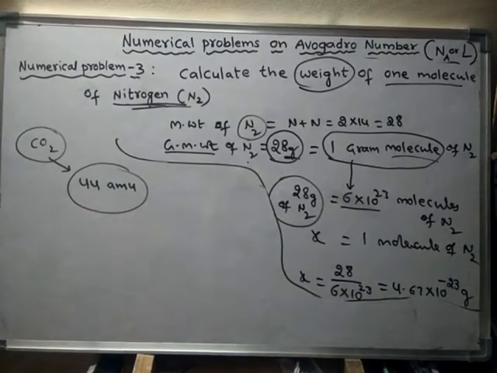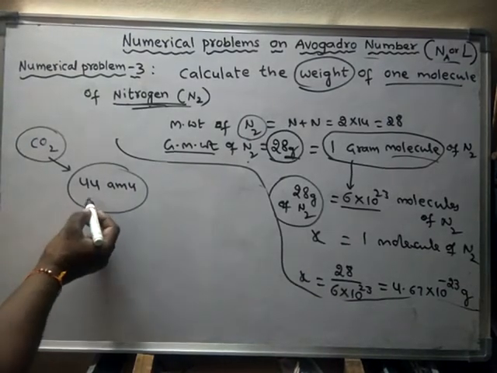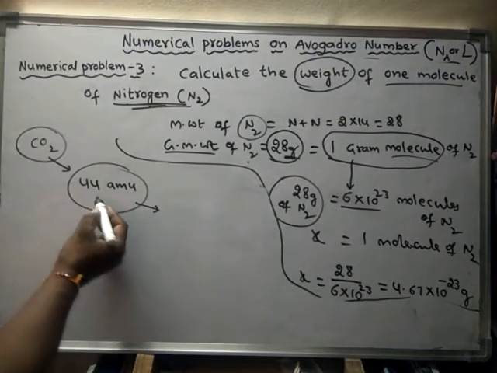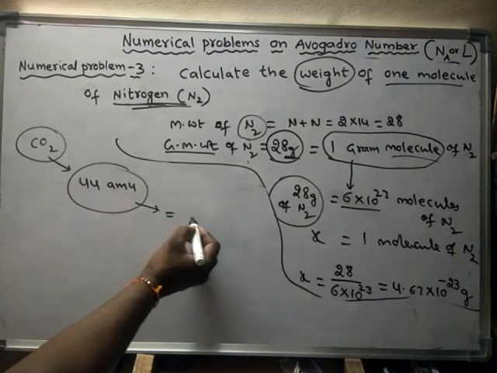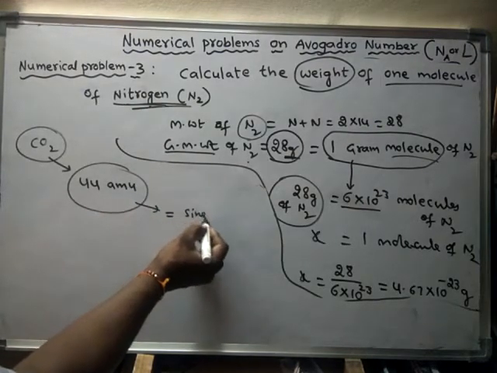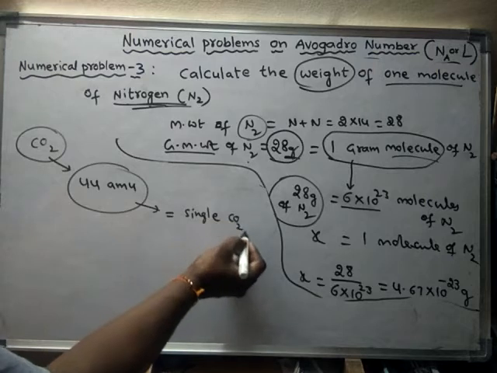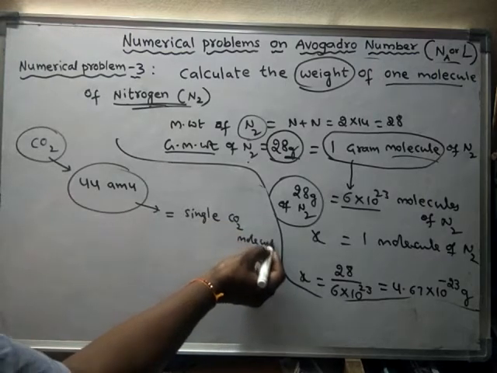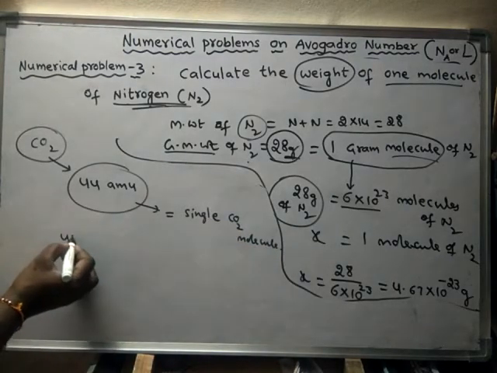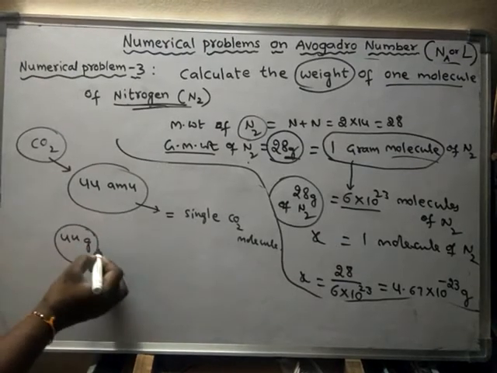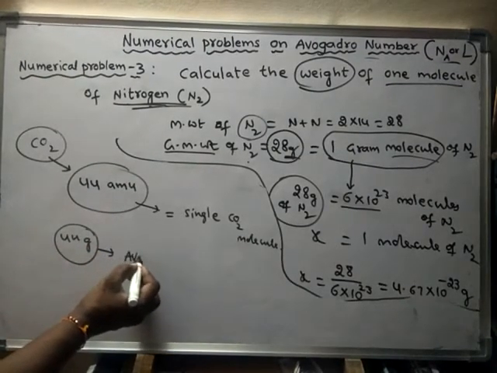Will it indicate Avogadro number of molecules of CO2 or a single molecule of CO2? A single molecule of CO2. It is nothing but the mass equal to a single CO2 molecule. If I write 44 grams, then it is equal to Avogadro number of molecules.